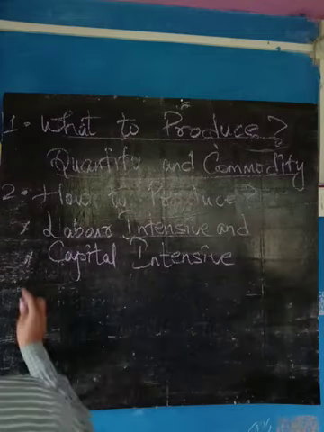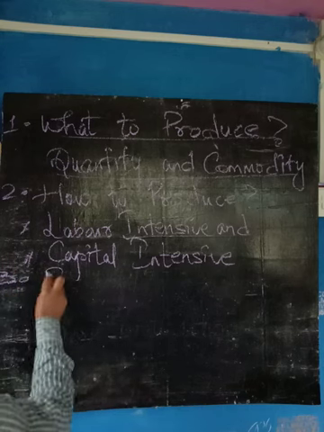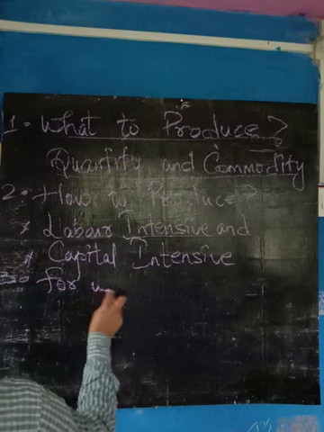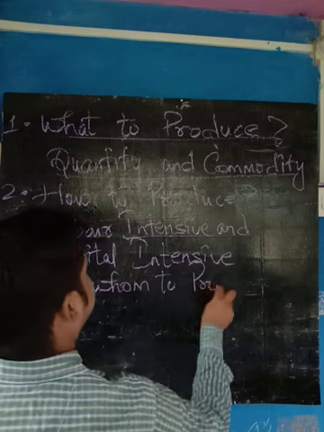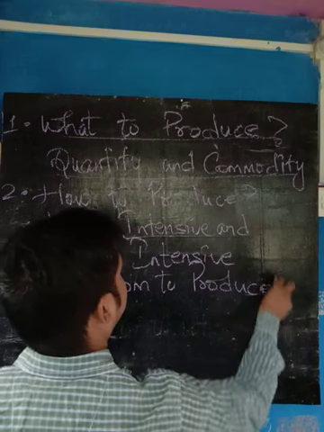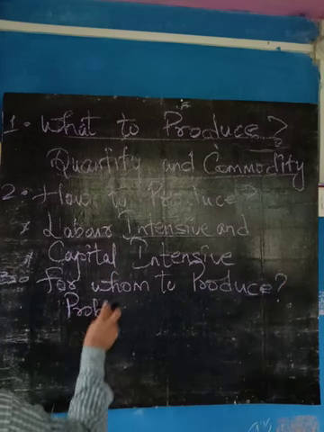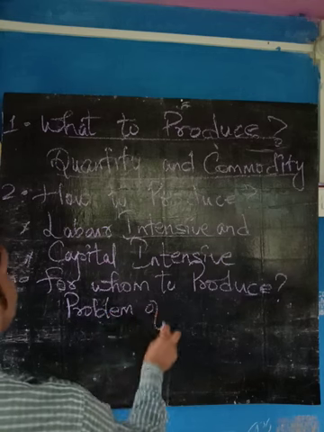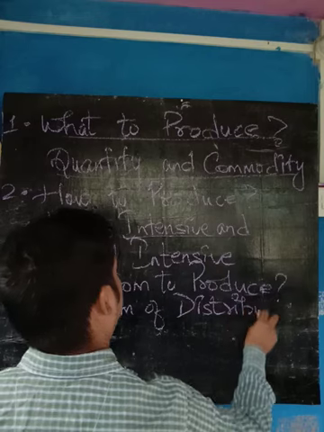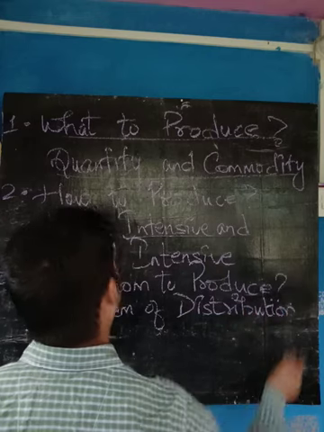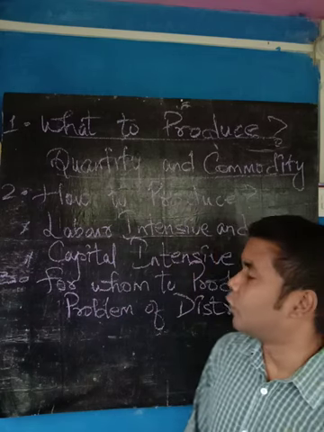Third point, for whom to produce, which you can say is the problem of distribution. How the goods need to be distributed. For whom to produce?